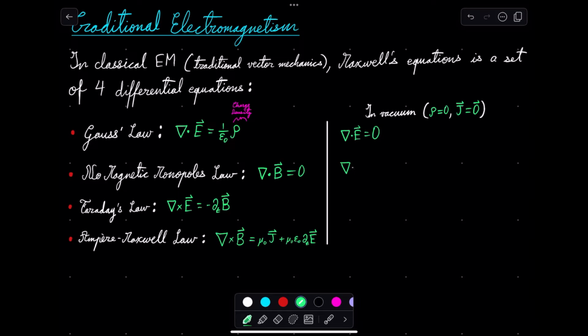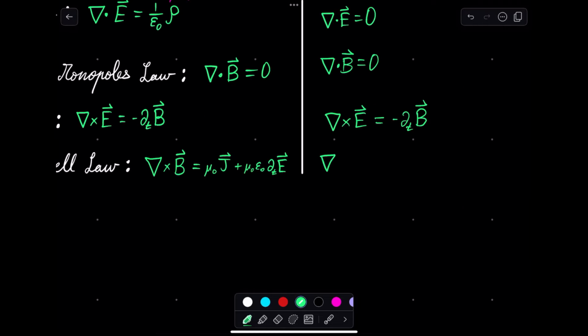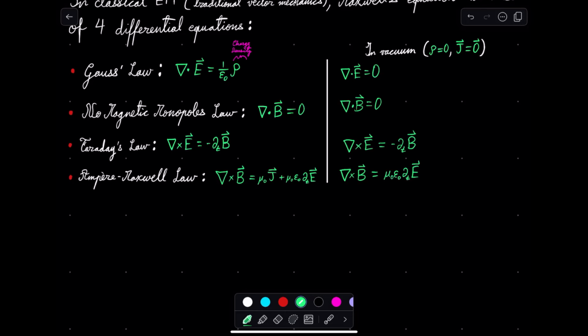The divergence of B stays the same, also equal to 0. The curl of E stays the same, and the curl of B loses the current density term. So in vacuum, you have these corresponding equations.